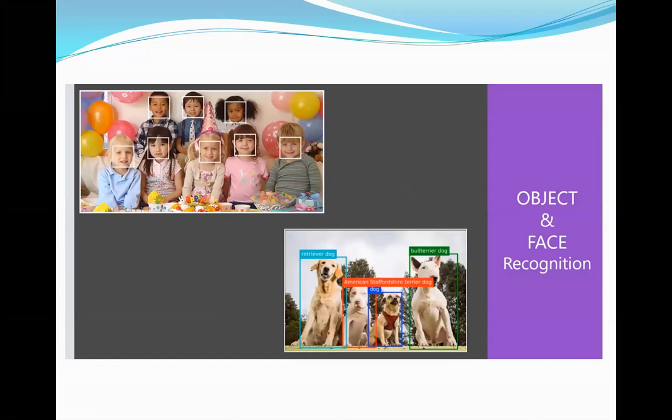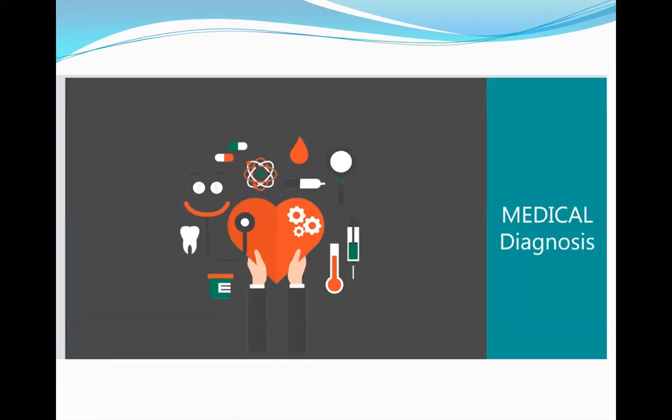Most face recognition and object recognition applications also use naive Bayes classification, and especially medical diagnosis. Whether the patient is diabetic or not, whether the patient has lung cancer or not, based on their past history and feature data, we calculate the probability of yes given feature values and the probability of no given feature values.